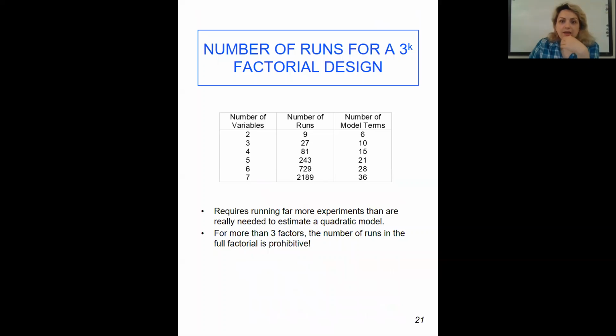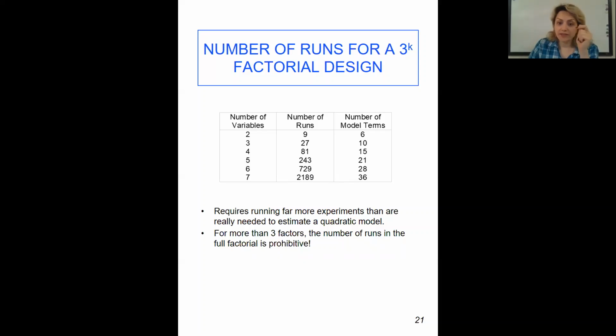In this table, we have the number of runs for a 3 power k factorial design. Here is the number of variables that we have, here is the number of runs, and here is the number of model terms that we would have. So it requires running more experiments than are really needed to estimate the quadratic model, because we have that x power 2, right?